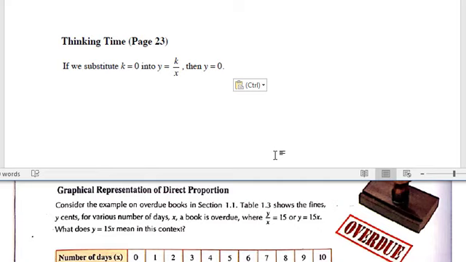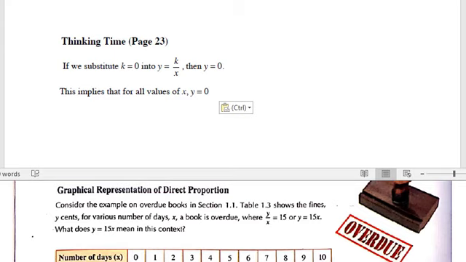If we substitute k equals 0 into y equals k by x, then we will get x equals 0. This implies that for all values of x, y equals 0. But it can't be possible.